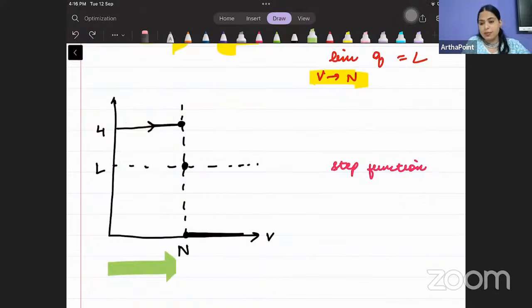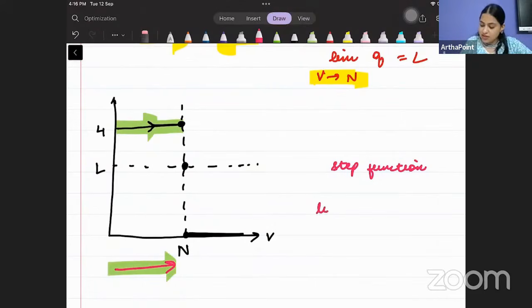So I will look at the upper line. When I am below n, this function is going like this. So when v goes to n from the left hand side, then the left hand limit of q is L1.